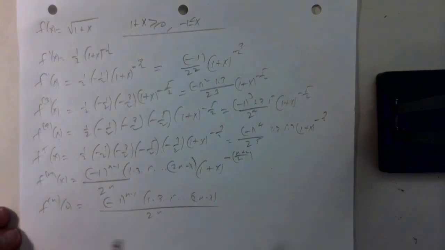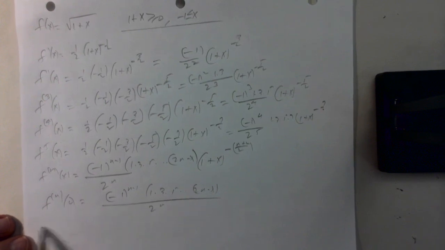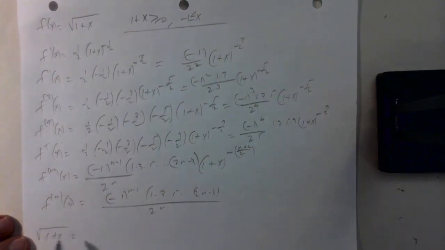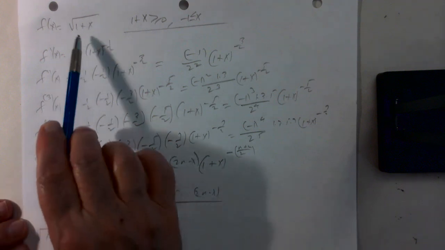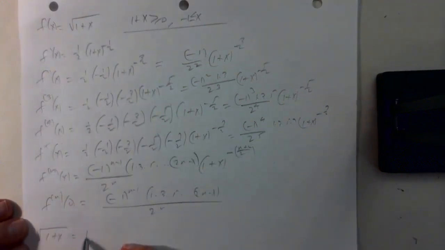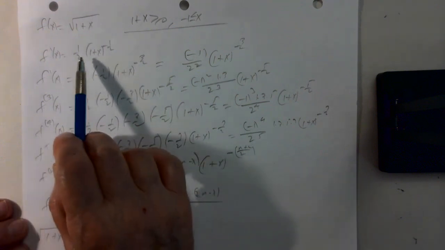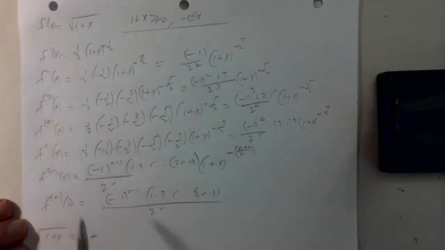So we get that the Taylor series for the square root of 1 plus x is what? Well, when x is 0, it's 1, plus the derivative at 0 is a half x.